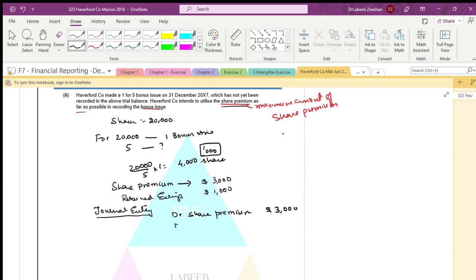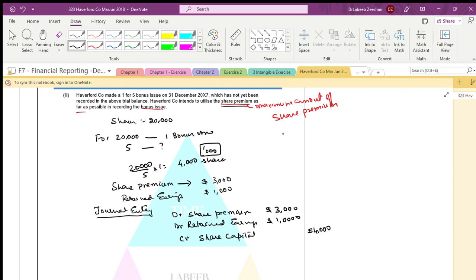In a similar way, we are reducing retained earnings, 1 million. And how are we going to compensate it? We are increasing the share capital because we are issuing the bonus issue. How much? 4. Very important. Are you clear about it? Very simple adjustment. Now you will have more clarity.